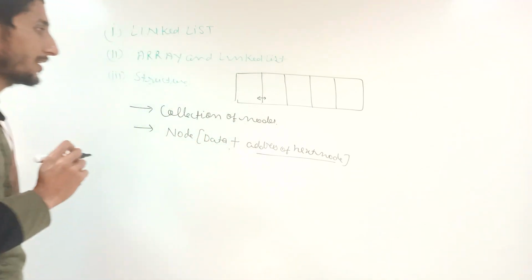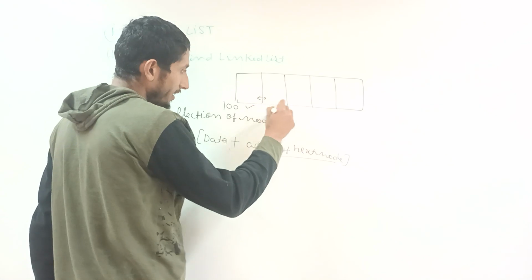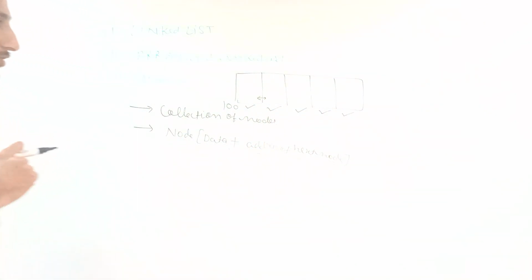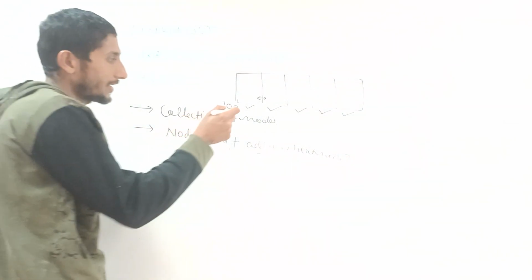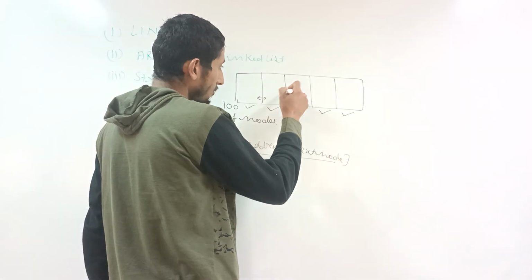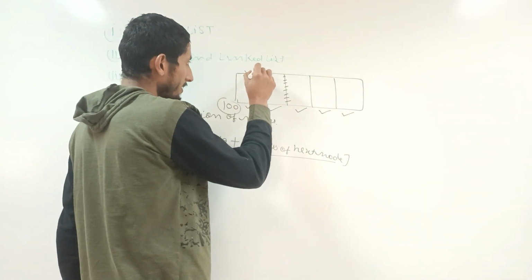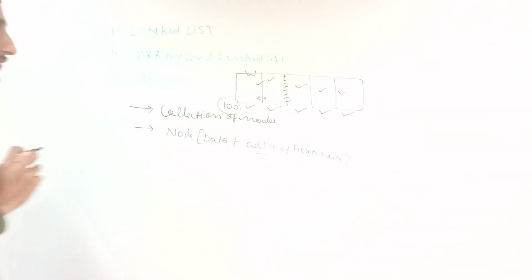Why is it not necessary? Because if you have a base address, you can calculate the address of any block. So in the case of array, there is no need to store the information about blocks. If you have the base address and the word size, you can calculate the address of any block.